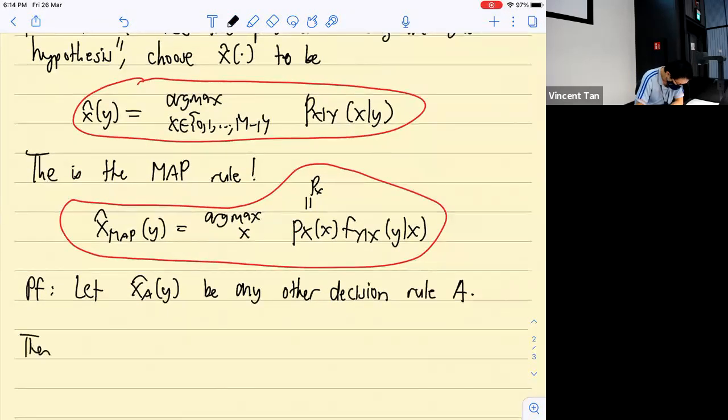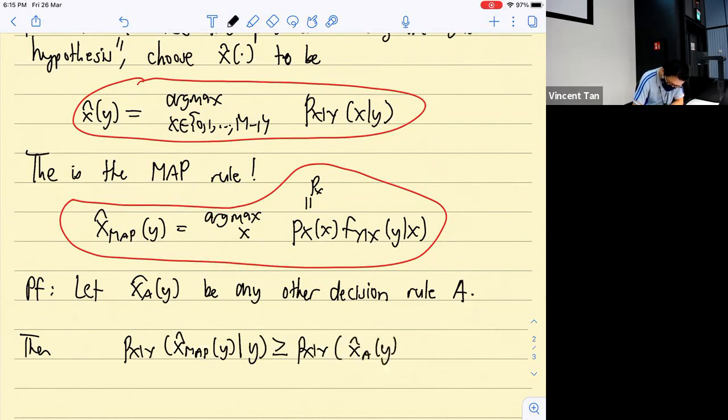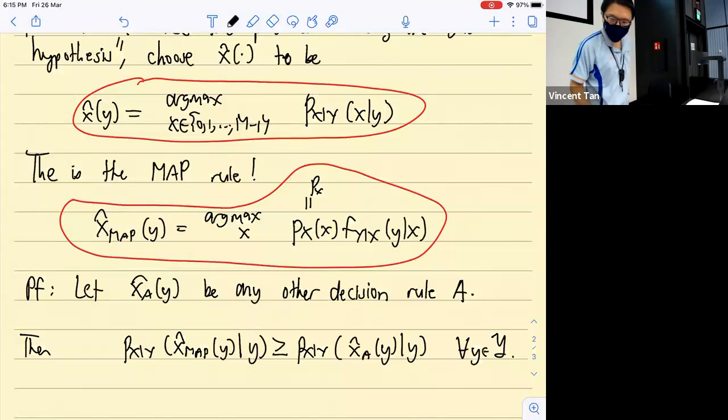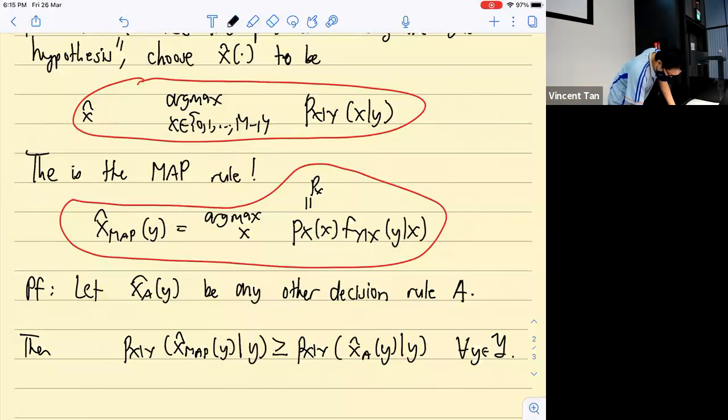Then it is true that if we just follow through the definitions, p of x hat MAP(y) given y is bigger than or equal to p of x hat A(y) given y, for every y in the set of observations. So why is that so? All right, this looks a bit complicated, but it's not. This comes from the fact that x hat, okay, maybe I will make this super precise, so let's make it x MAP also.